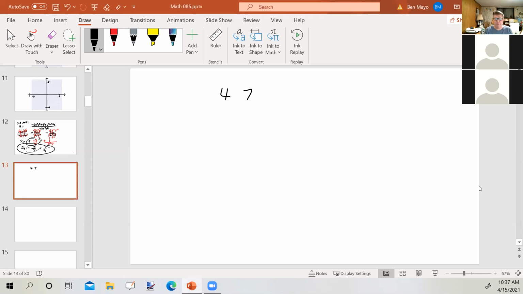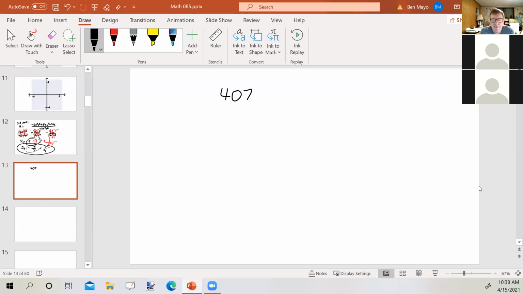No. Why not? Because that's 7. 407. I wrote 407. Why did you put a 0 there? I don't know, I just did it. When you just say 407, I just assume it's like 407. But why is the 0 there?